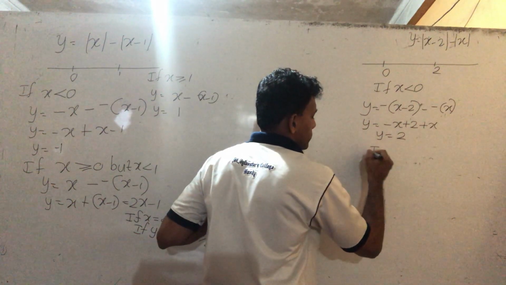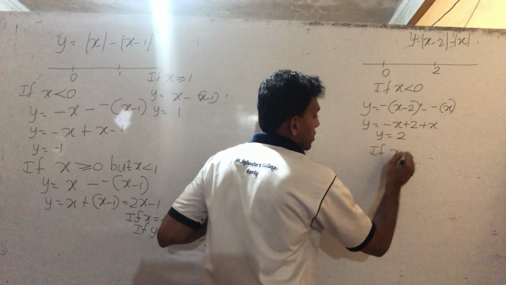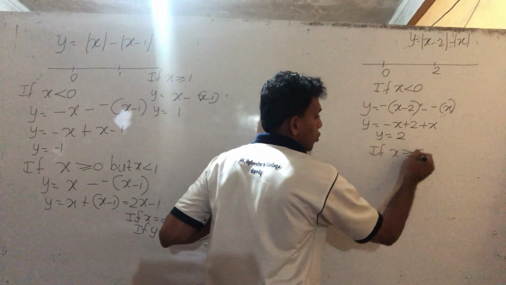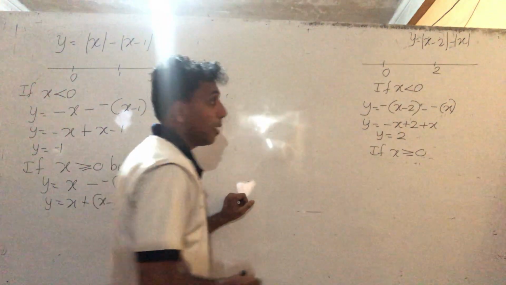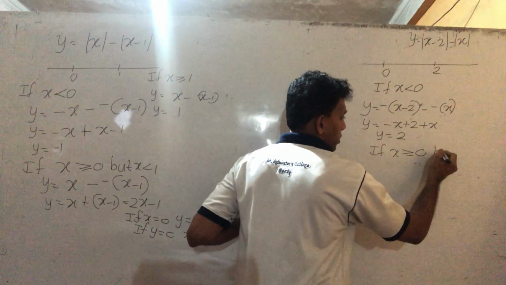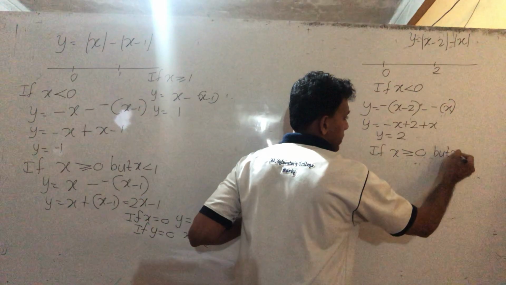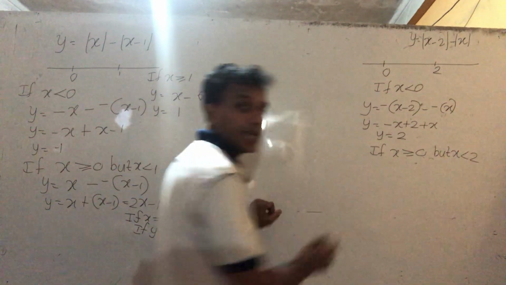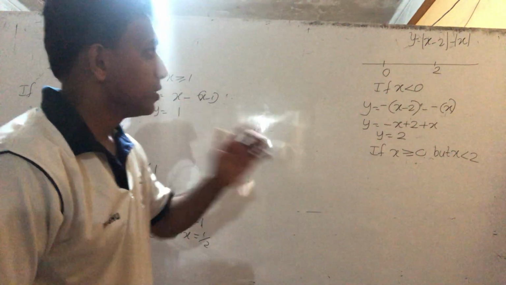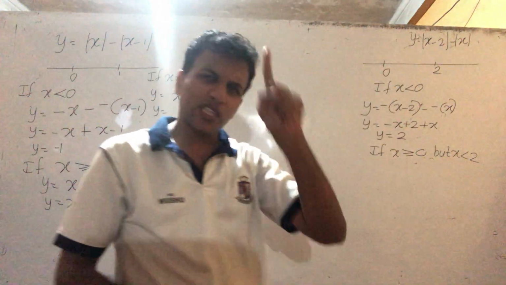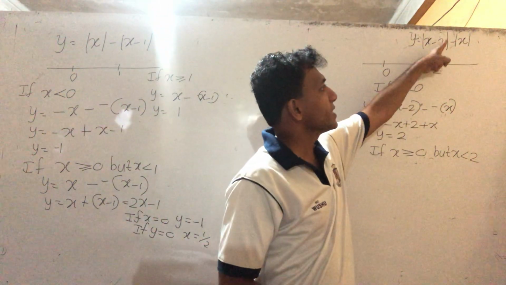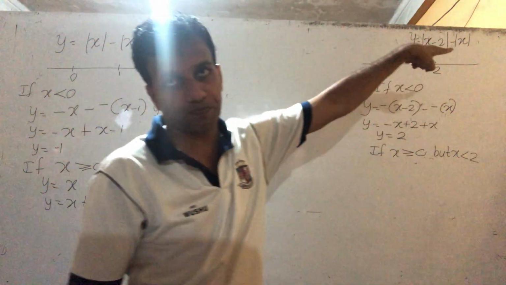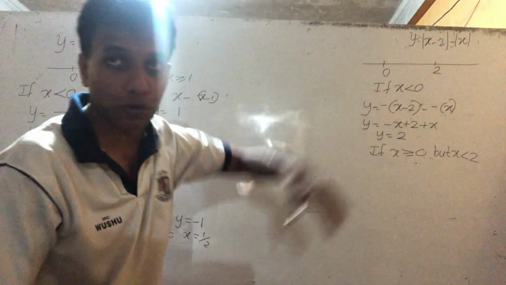If x is greater than or equal to 0 but less than 2, you can think of x as 1, put x as 1 and see. This is negative but that is positive, right?